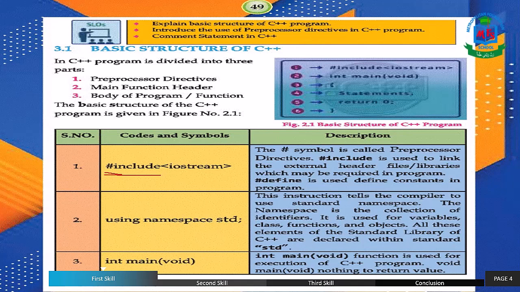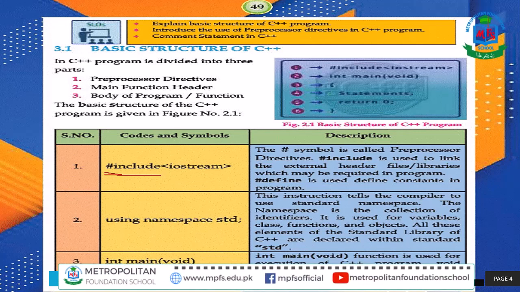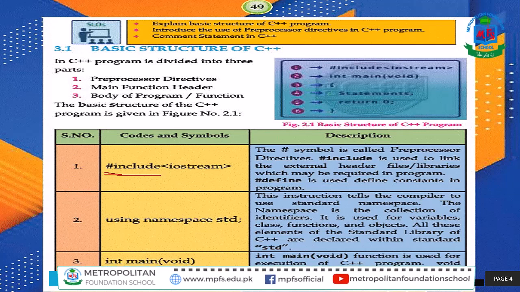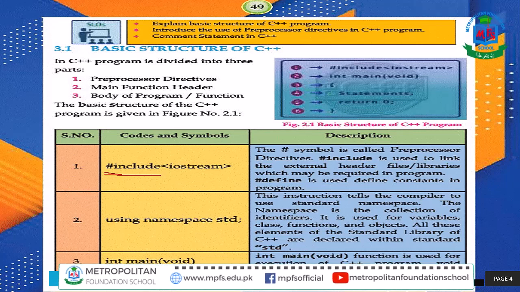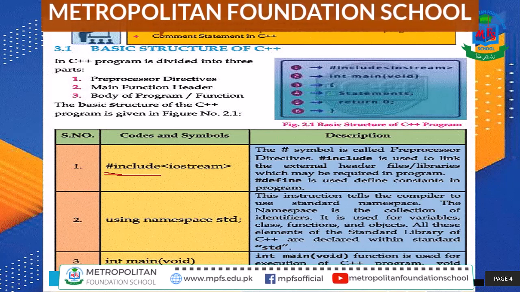Number 1, first of all we open our Dev C++, and then we write hash include iostream in between less than and greater than. Then second, using namespace std, int main void.